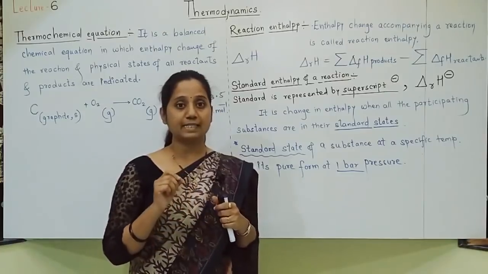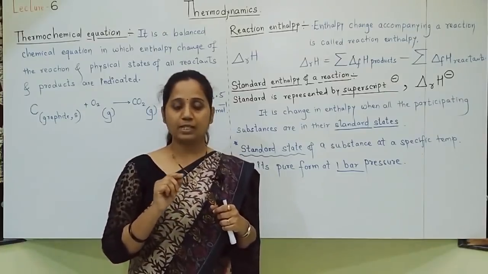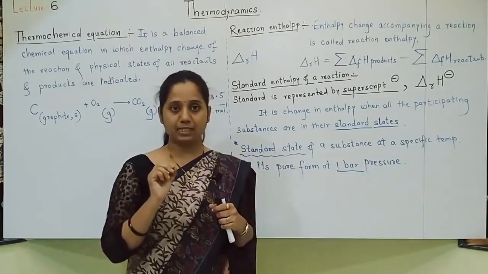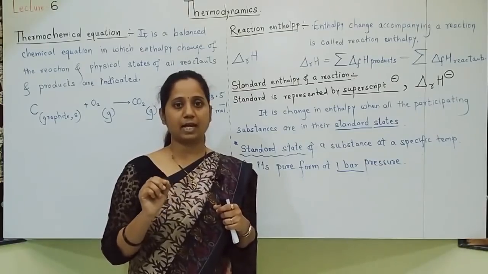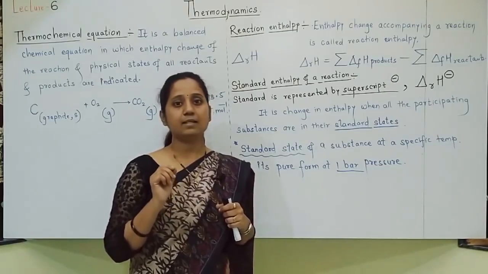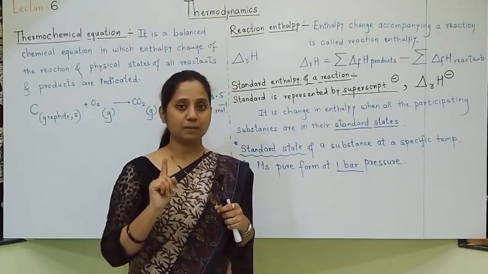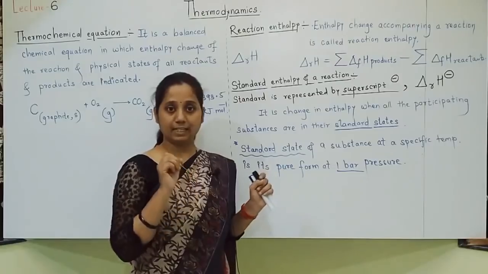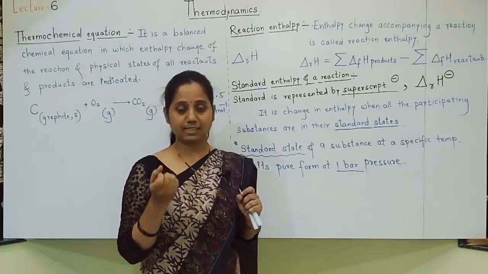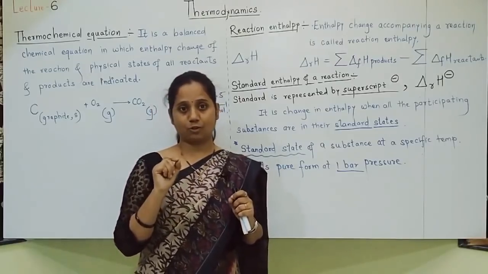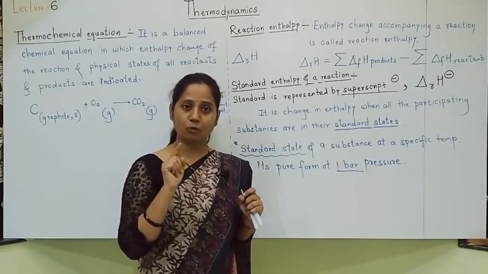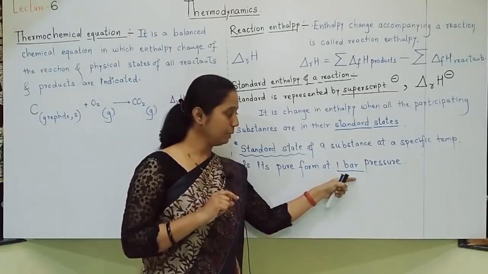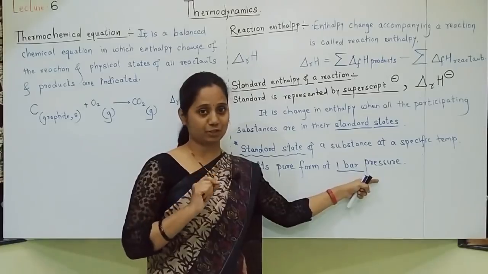Students, I have taught you STP conditions. What is the long form of STP? Standard temperature and pressure. There the standard pressure was 1 bar, and that's why here the standard state is the pure state of that substance, always measured at 1 bar pressure, the standard pressure.